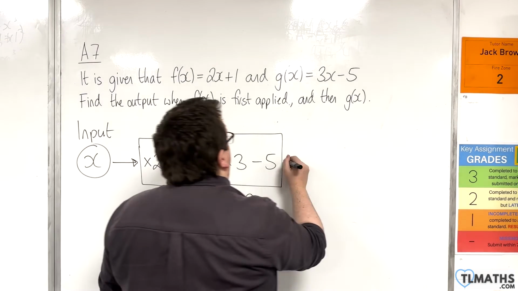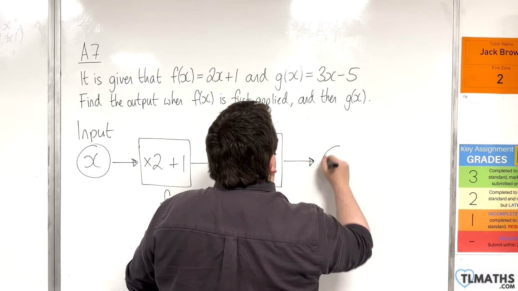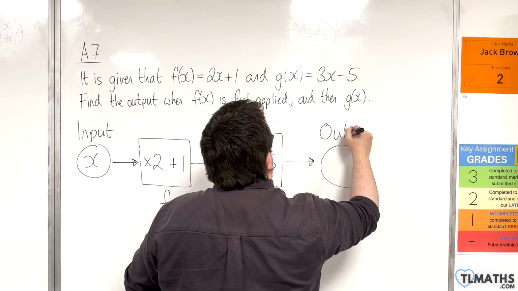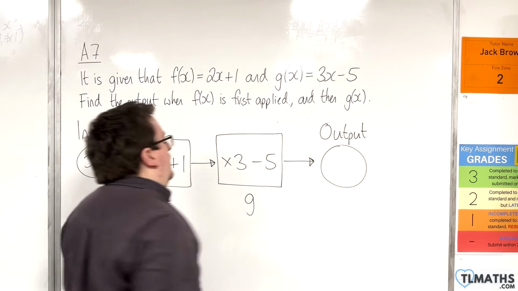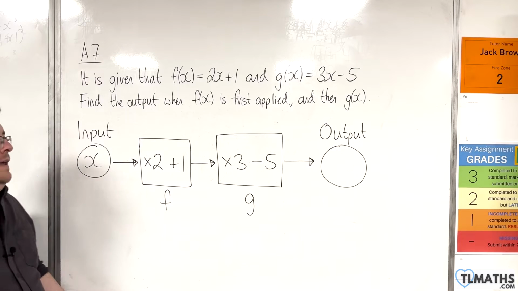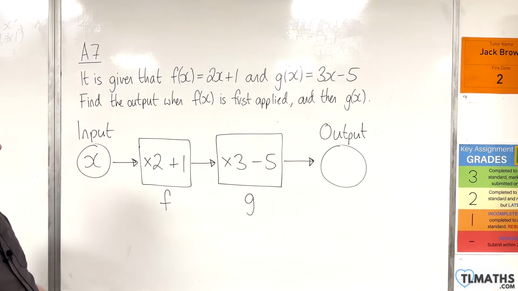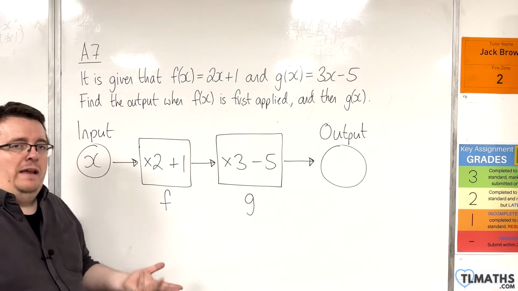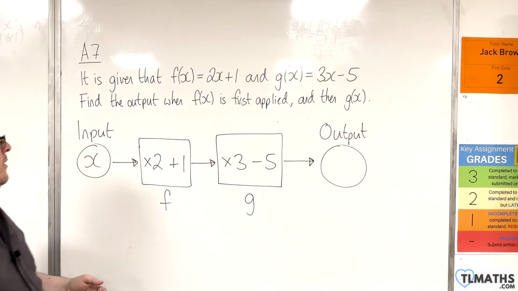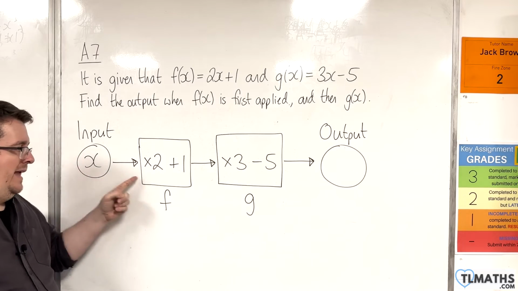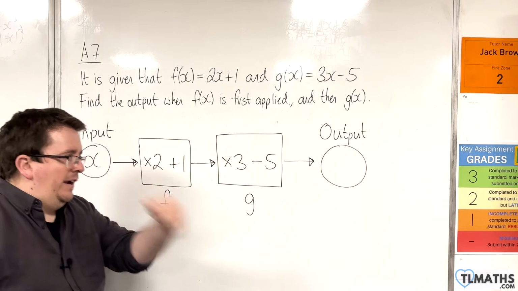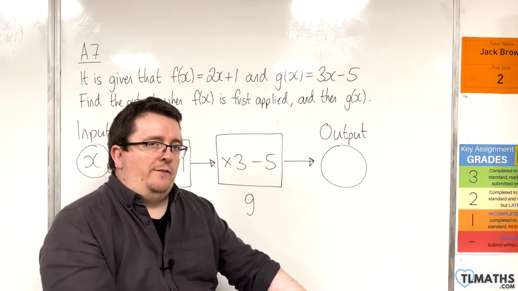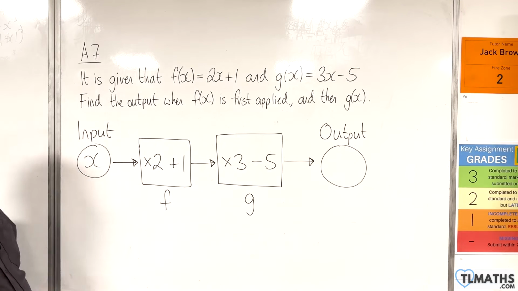And then I'm going to get my final output, and I want to know what that output is. I'm going to put x through this. Now, it does get quite messy here, because first I'm putting x in, multiplying by 2, then adding 1, then times by 3, then subtracting 5, and then working out what the output is.